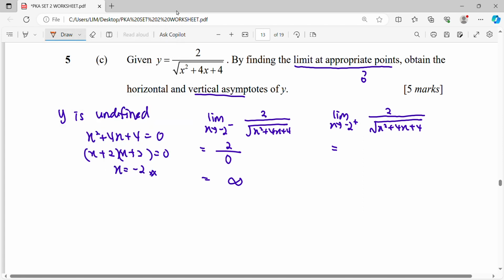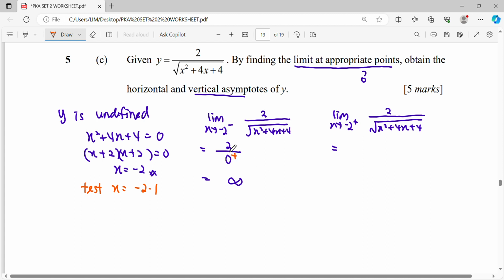Try to test with your calculator. Negative 2 from the left hand side means negative 2.1. Substitute negative 2.1 in the place of the 0, not substitute everything. We want to identify the sign of the 0 here, positive or negative. Positive.